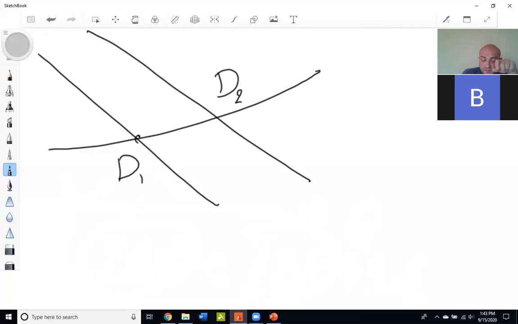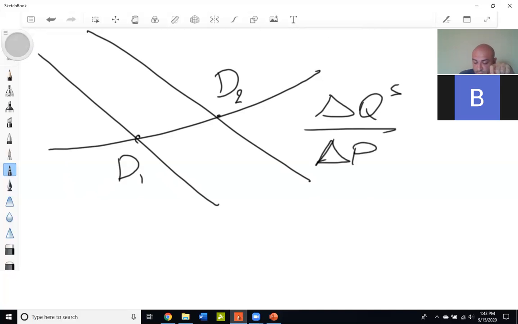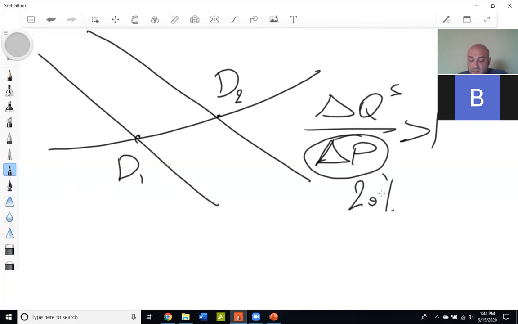So here, quantity will increase more than prices. Here, we're dealing with an elastic supply, which means this elasticity here is greater than 1. Therefore, if the change in prices is 20%, the change in quantity will be more than 20%, like 30%.